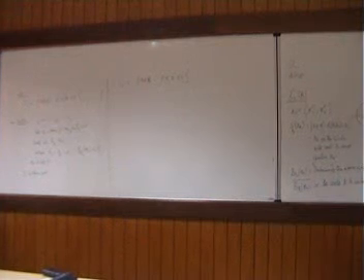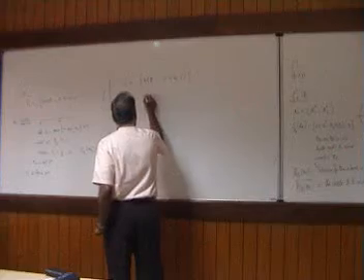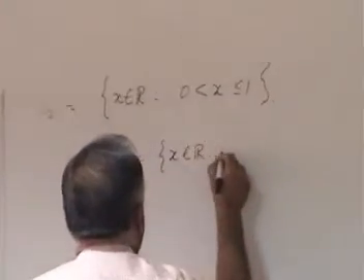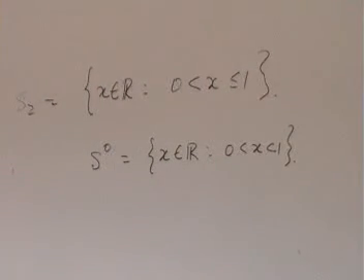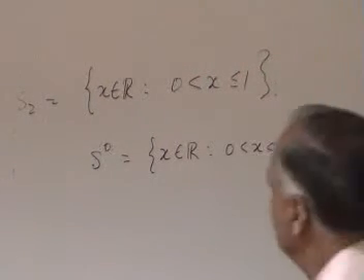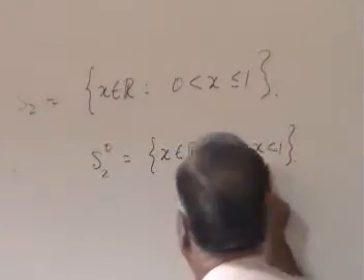Here, if you look at S0, it's only that. But therefore S0 is a proper subset of, what should I call it? Did I call it S or S1 or S2? S2. So why is this?